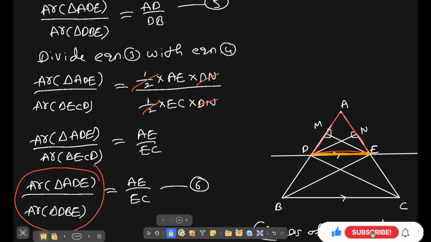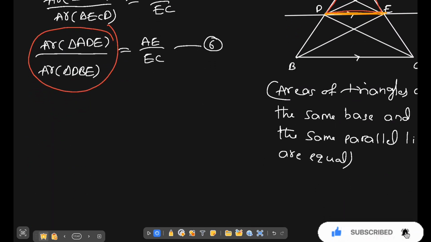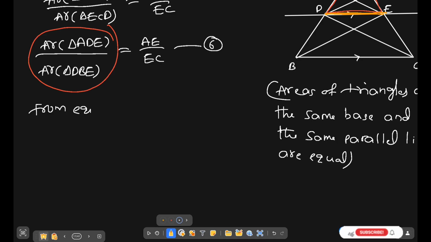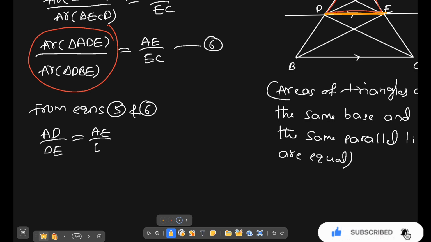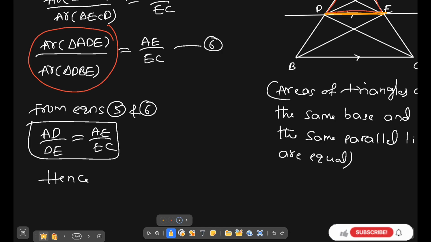Therefore their RHS are equal. RHS of equation 5 is AD by DB, and RHS of equation 6 is AE by EC. So this is what we had to prove, and we got it. Hence proved.